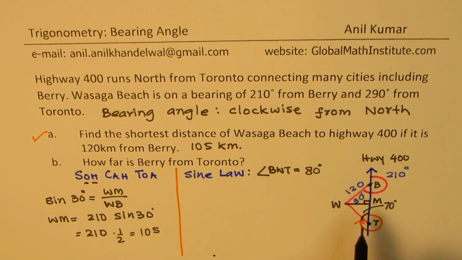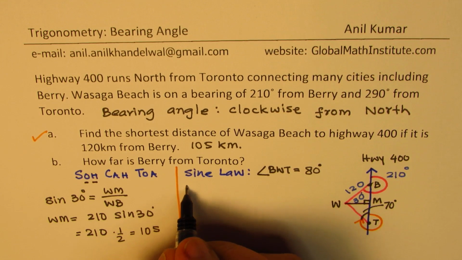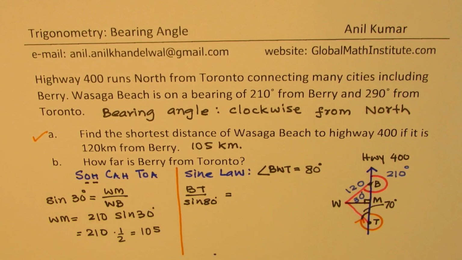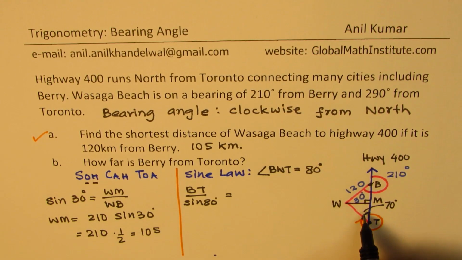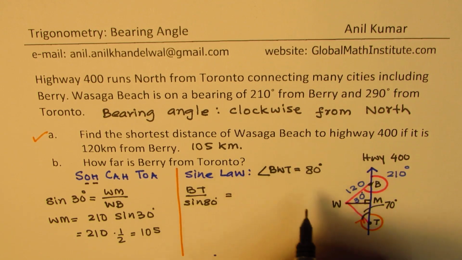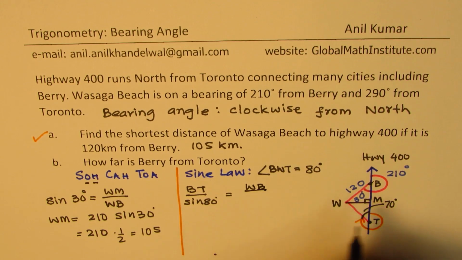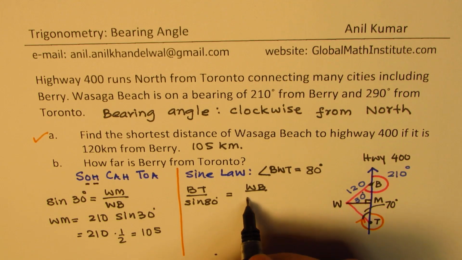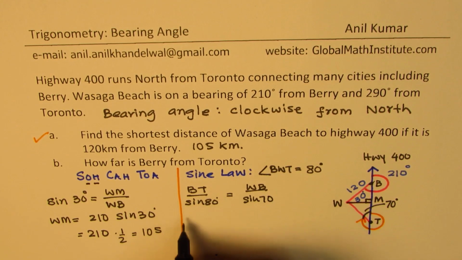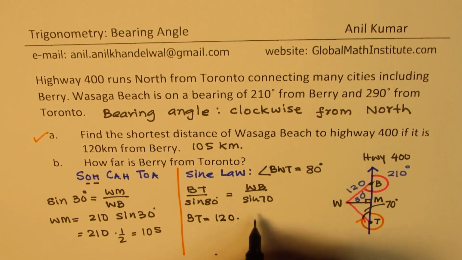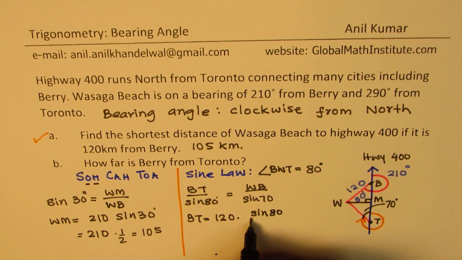Now we can use the sine law. We need to find the distance between Barrie and Toronto, so let's say BT, over sine of 80 degrees should be equal to, we can use 70 degrees and 120, so distance BW or WB over sine of 70. So we know BT equals 120 times sine 80 over sine of 70 degrees.